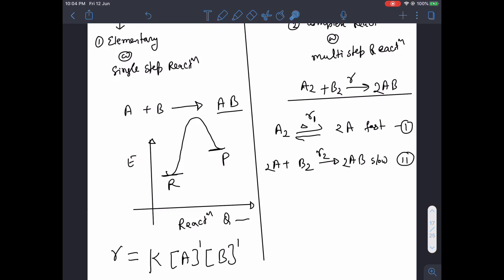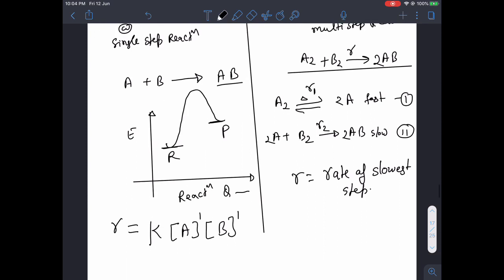Please listen very carefully, that the rate of a complex reaction which involves more than one step is equal to the rate of the slowest step, right? So I can say that R is equal to R2, R will not be equal to R1.